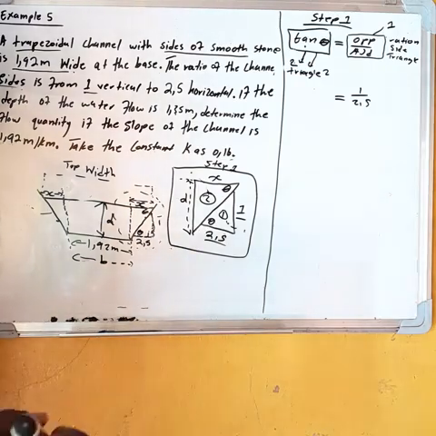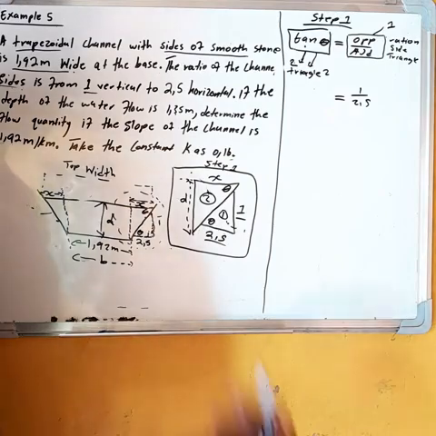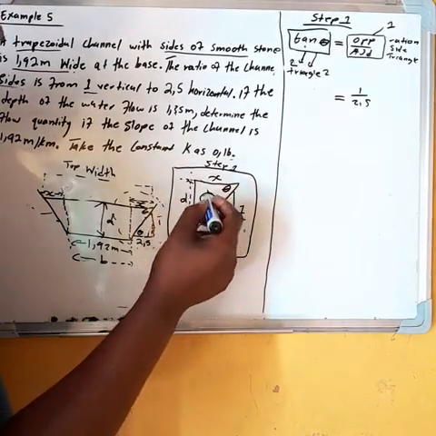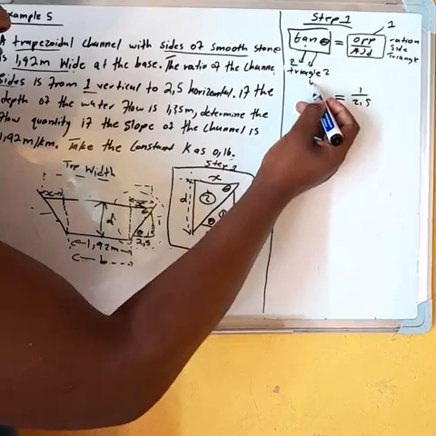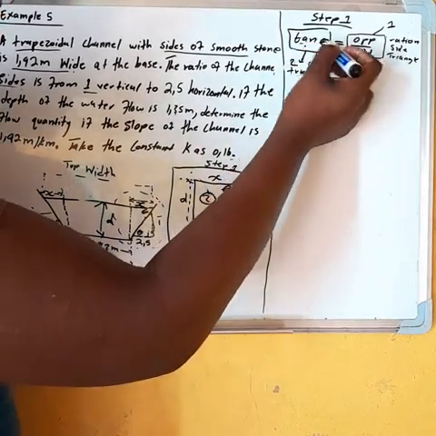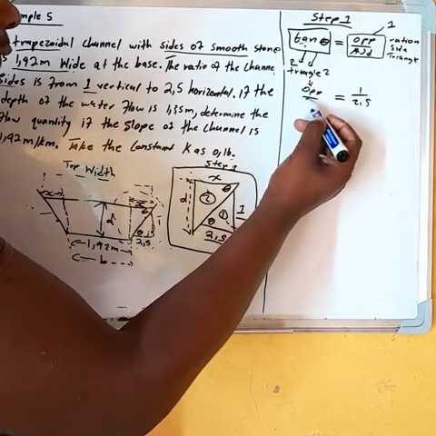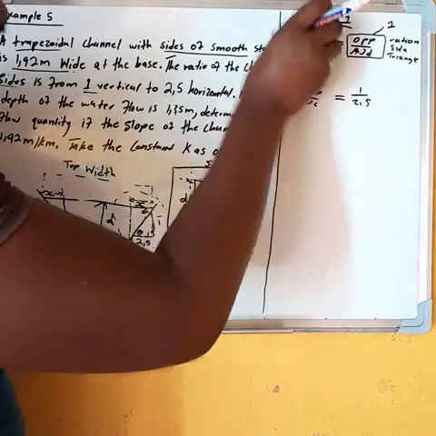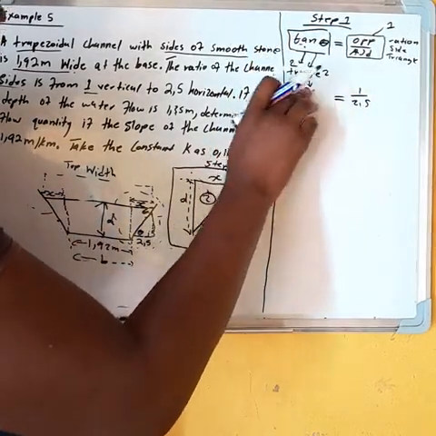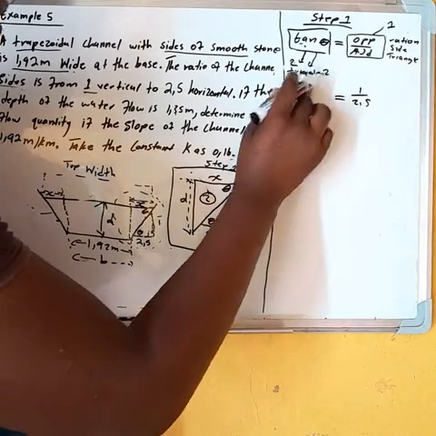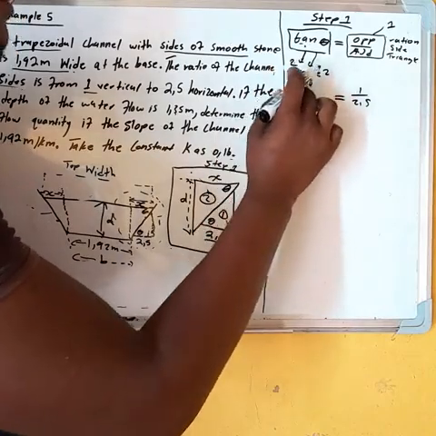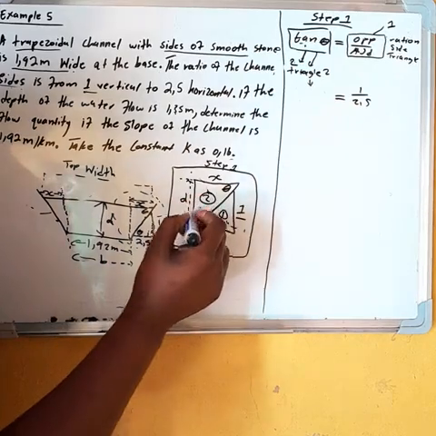Since it's opposite over adjacent also, what about triangle 2? We take the information here of triangle 2. Tan is also opposite over adjacent, right? Tan itself is equal to this, but we take the information from triangle 2.